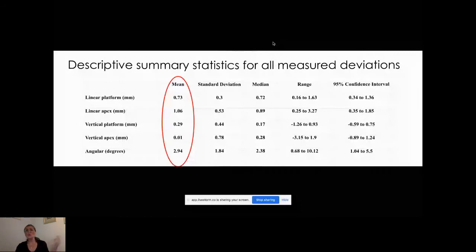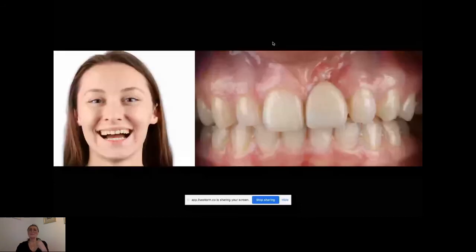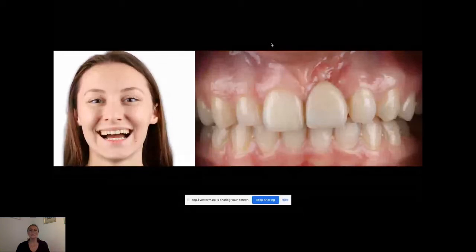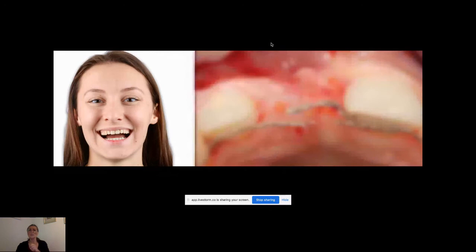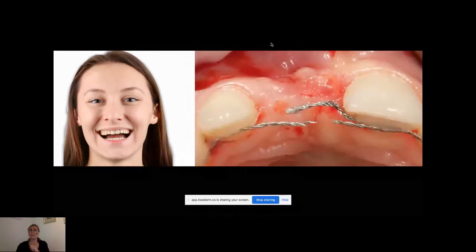Now let's go through some aesthetic parameters and aesthetic cases from small to big, and I would like to offer you some parameters of aesthetics which you need to implement in a digital workflow. This is a young lady who had an accident and lost one of the frontal teeth. The bony situation was quite okay for the implant placement, but the soft tissue was not.